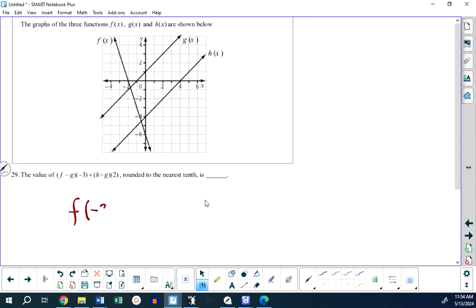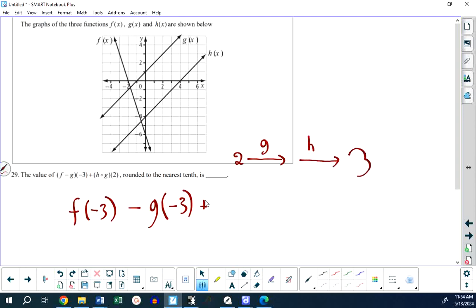F of negative 3 minus g of negative 3 plus that thing, right? So we have two basic operations going on here, the difference, and we're going to calculate each of these separately, and then this composition value, which I'm going to calculate elsewhere.